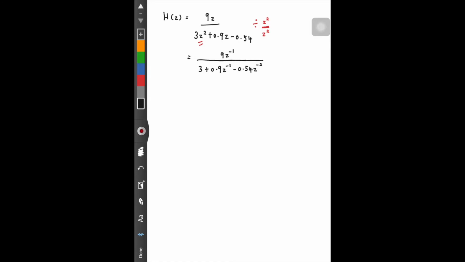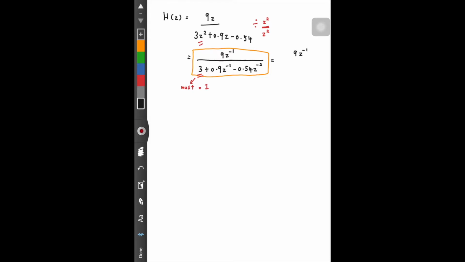Okay, but again, if you look at this transfer function, it is not similar to our general transfer function. So what you have to do next is modify this transfer function again. For that, you have to make sure this part must equal to 1, so you need to factor out.